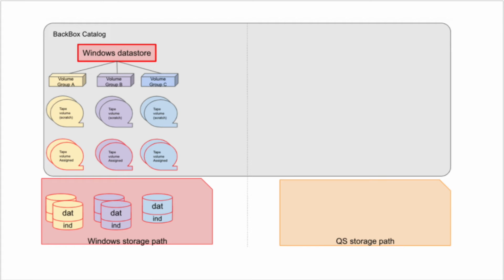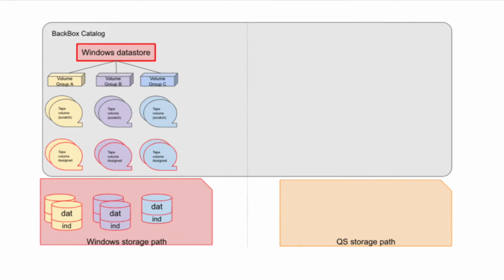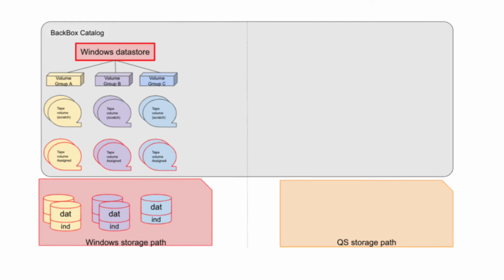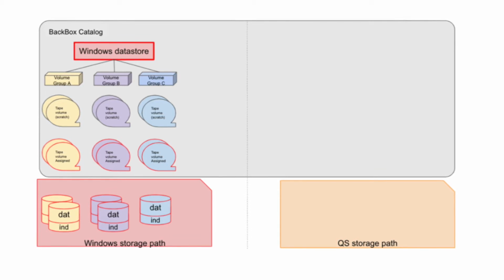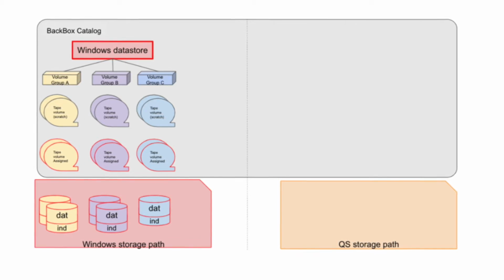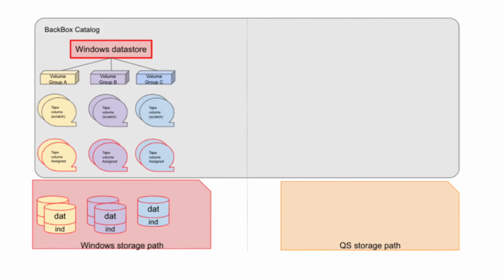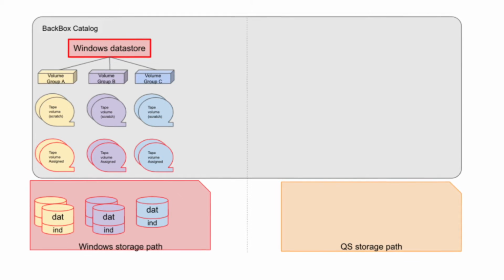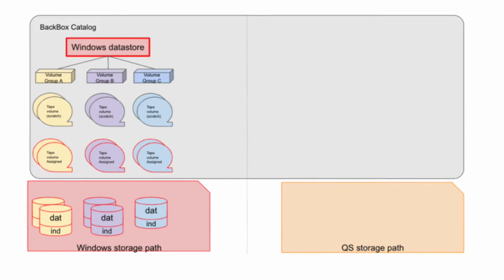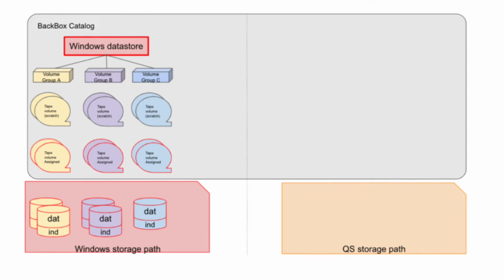This tutorial is how to migrate data from a StoreOnce to a QoreStore. With the StoreOnce storage, at the BackBox level, we are using a Windows data store. Under the data store, we create a volume group, which is the equivalent of a tape pool on the SMPC.